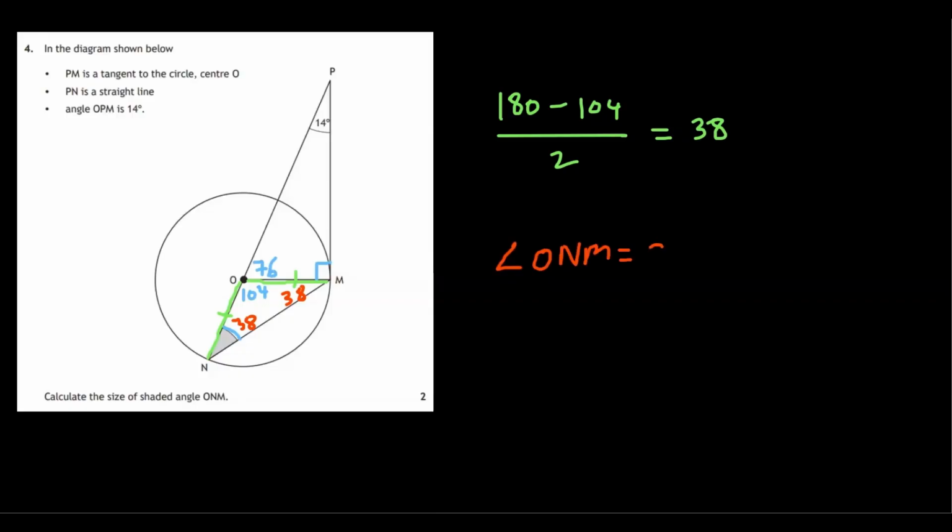So this angle is the same as this angle. To find them, we would just do 180 minus 104 over 2. So 76 over 2, that would be 38. And then both of those are 38. So that means ONM equals 38.